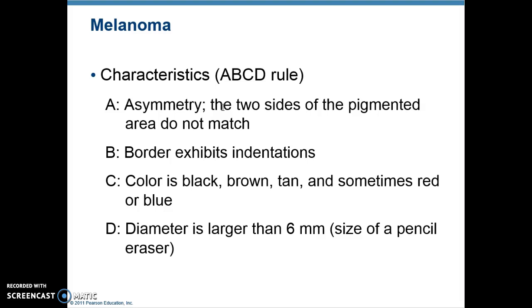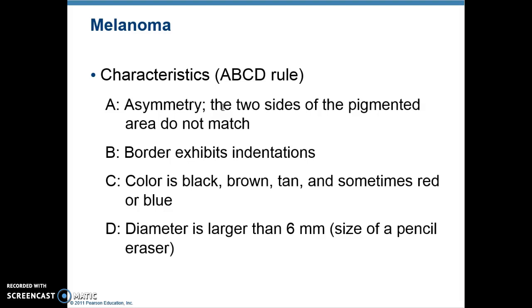You want to be familiar with the ABCD rule. This is how you evaluate a mole to tell how likely it is to be melanoma versus just a simple mole. So A stands for asymmetry, and it can be asymmetry either in shape or size.